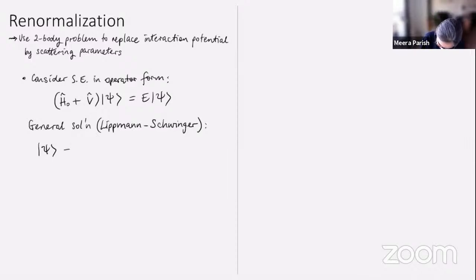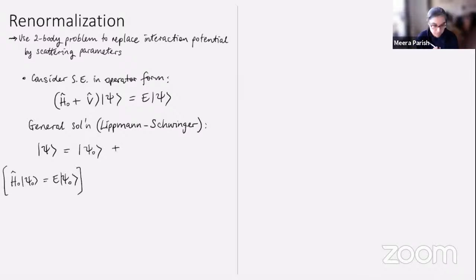I can write it as first an unscattered part, where this psi naught is basically an eigenstate of just the kinetic part, without the interaction potential. So that's what this psi naught means.